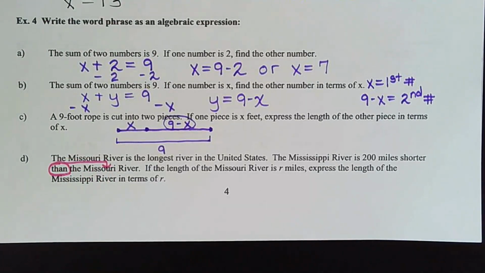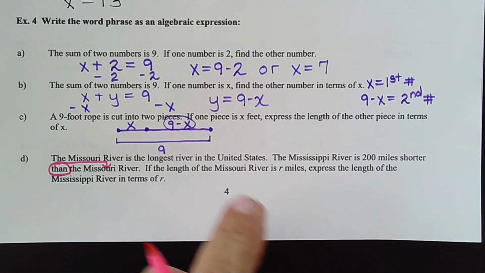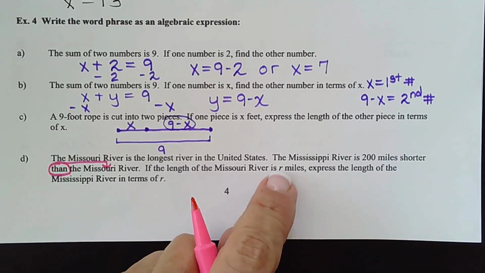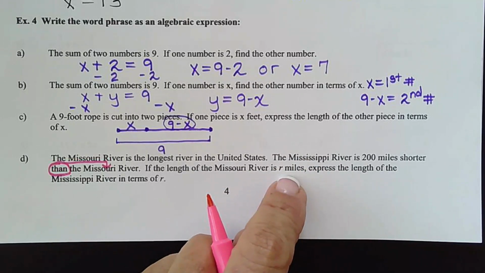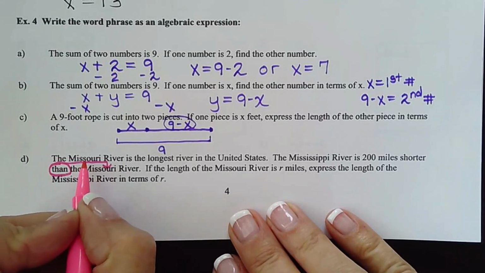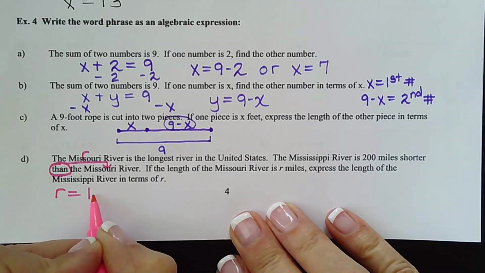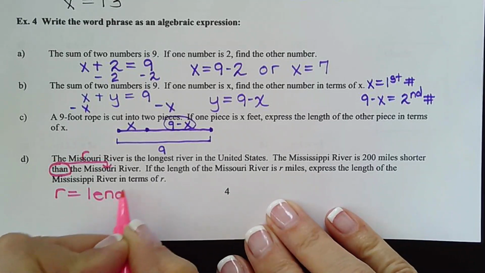So Missouri River is going to be the x. Oh, it says to use r. I was going to say it would probably be best not to use m because they're both m's, but they told us what to use. So because Missouri River follows than, it's the r. So we write r equals length of Missouri River.